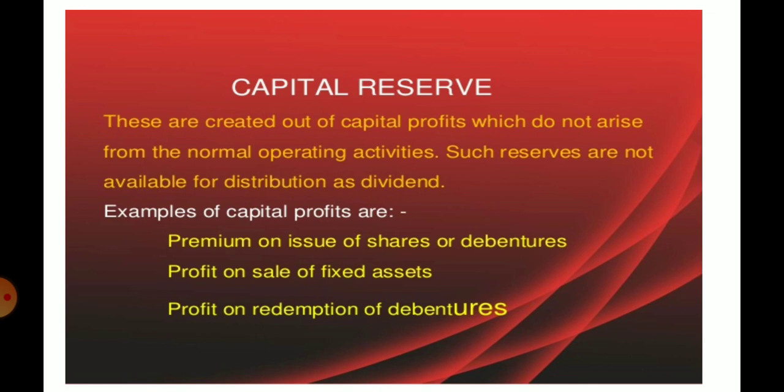So due to the inflationary trend of price, we have to make some funds for exchanging or changing that fixed asset.